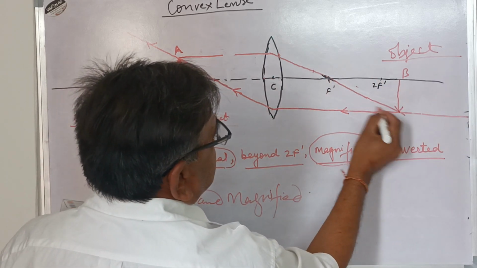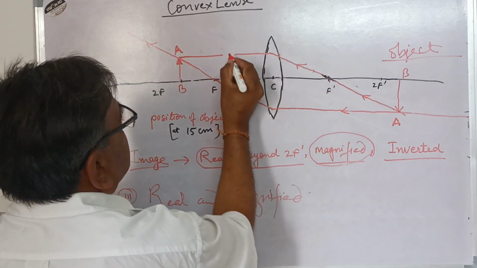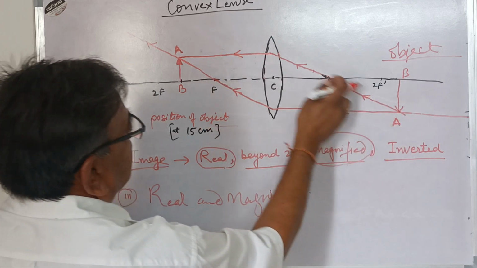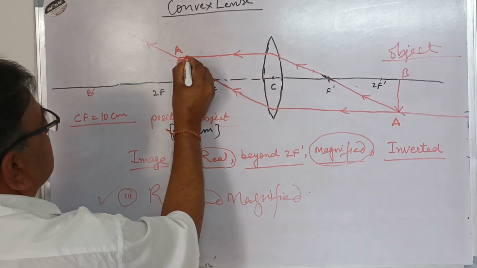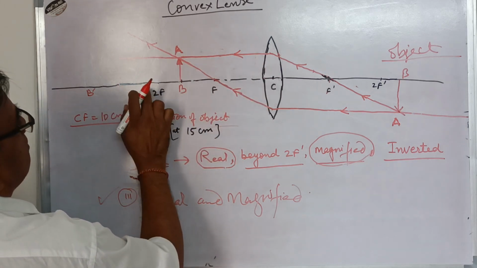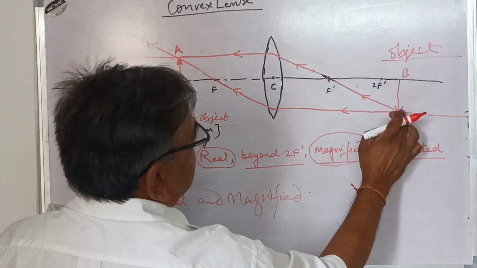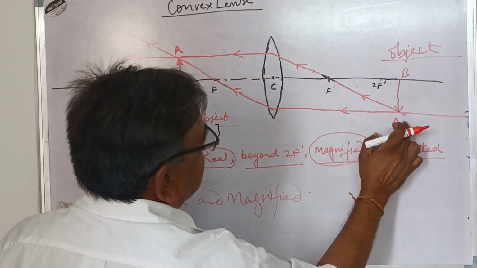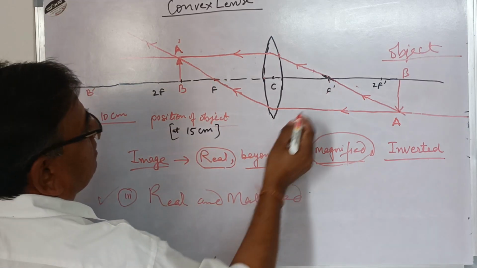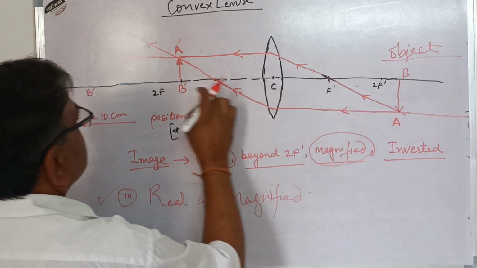Now take the second ray which passes through the focus, this is the incident ray. This is the refracted ray, and it will become parallel. If it comes from the focus, it goes parallel to the principal axis. Here they cut, the image of the head of the object. This A is at A dash, and image of B is at B dash.